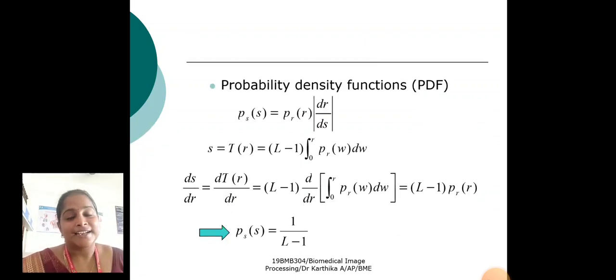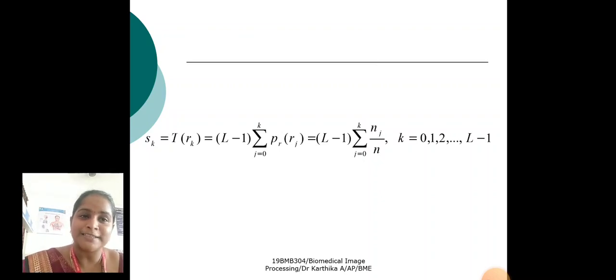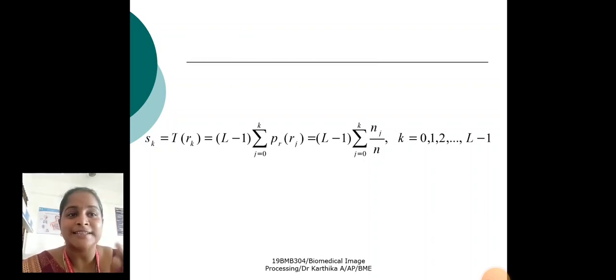In histogram equalization, the probability density function p_s of s is equal to 1 by L minus 1, which is derived from p_s of s equal to p_r of r multiplied by dr by ds. The result s_k is equal to T of r_k, which is equal to L minus 1 multiplied by the summation j equal to 0 to k of p_r of r_j, which is equal to L minus 1 times the summation j equal to 0 to k of n_j by n.